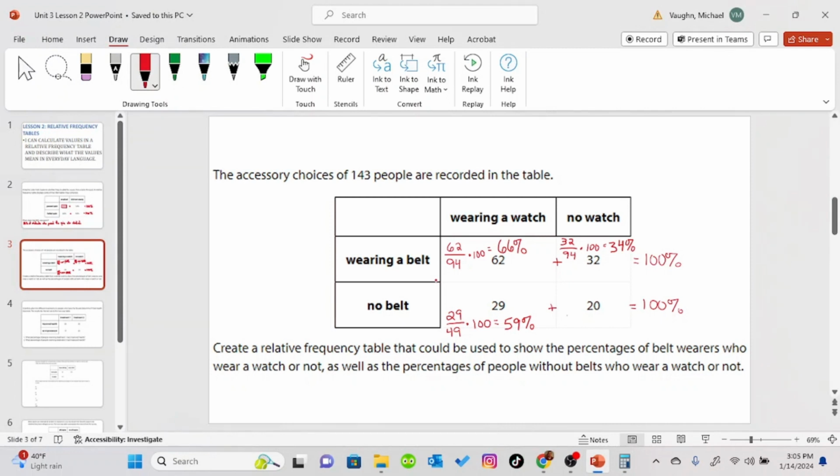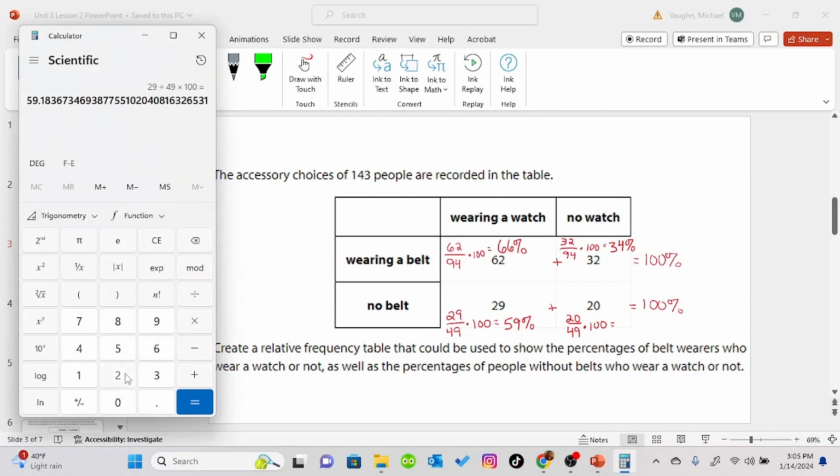And in this box, we're going to take the 20, divide it by the same 49, and multiply by 100 to get the percentage in this box. And that rounds to 41%.